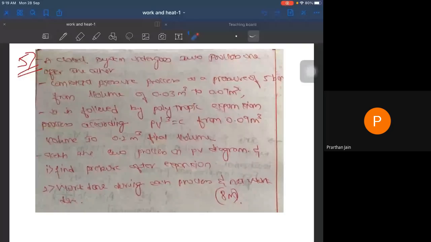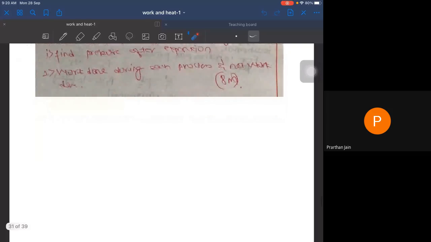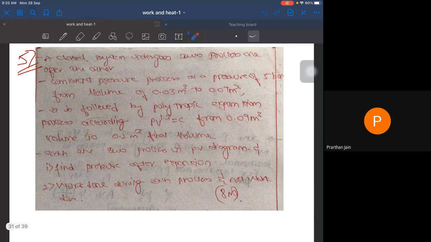Okay. So anyone like to try to draw a PV diagram looking at the statements? Just draw a PV diagram for this. All of you have taken this question in your notes, right? No, sir.